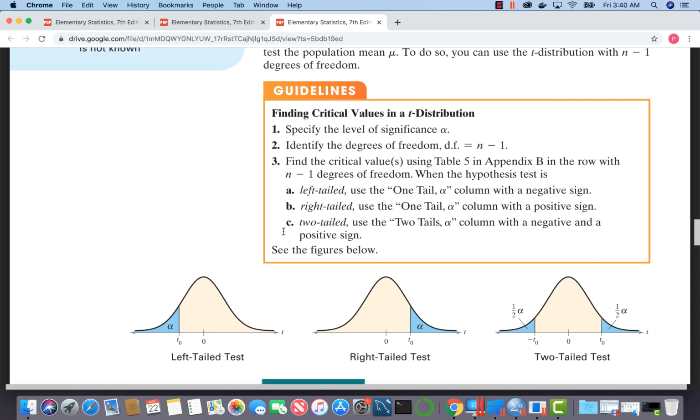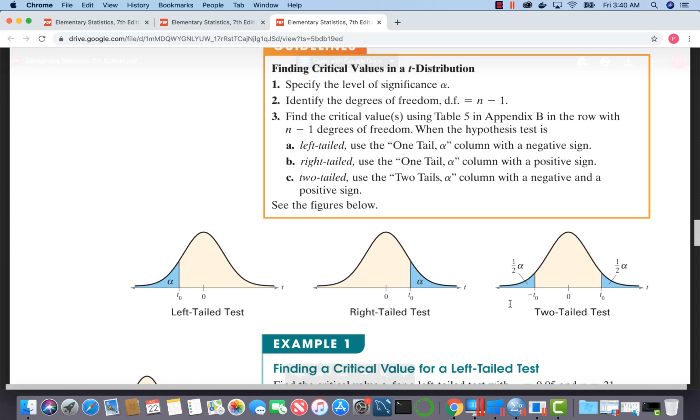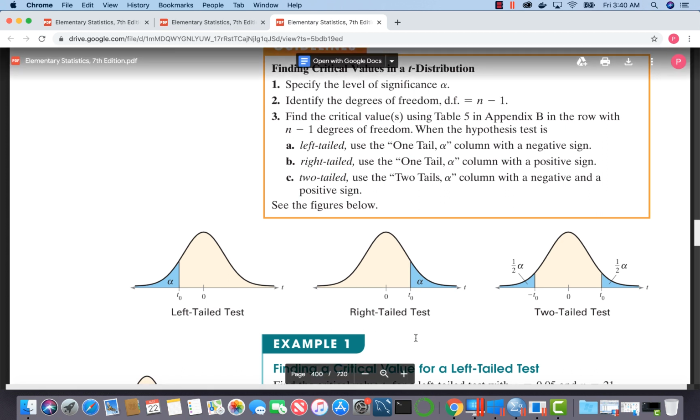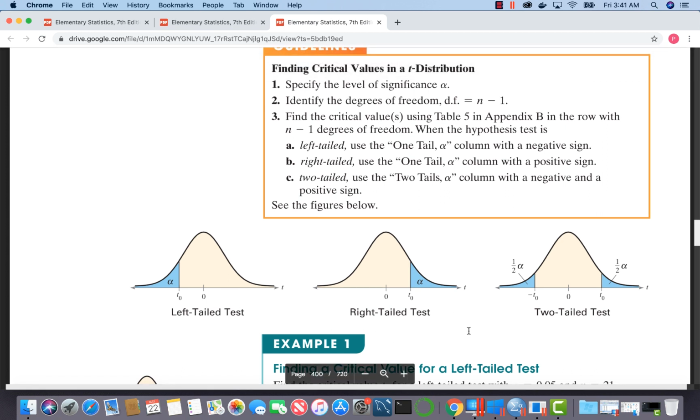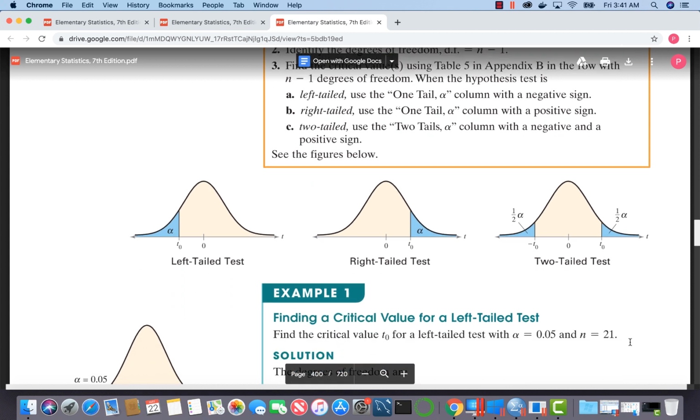And if the alternative hypothesis states that the mean does not equal a certain value, then it will be a two-tailed test. One of these diagrams we would pair with whichever test we decide to do. And all of this is determined strictly by the alternative hypothesis, not the null hypothesis.